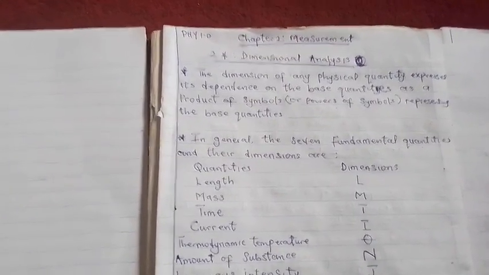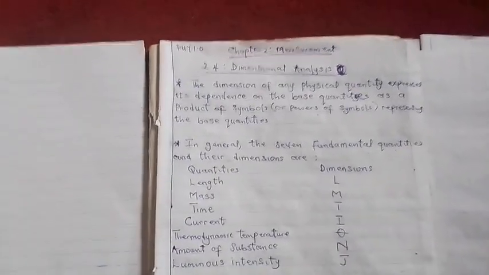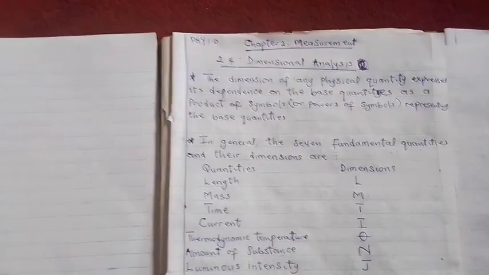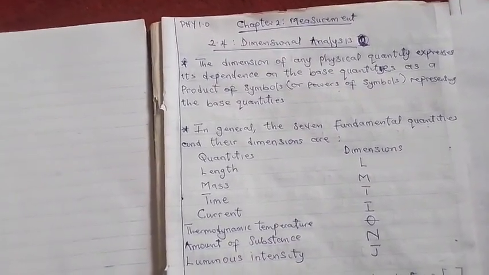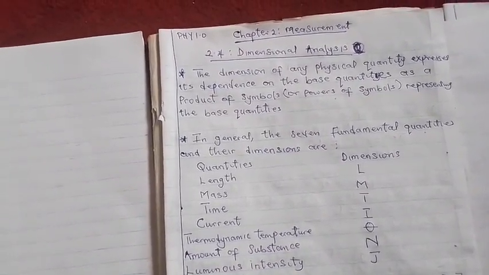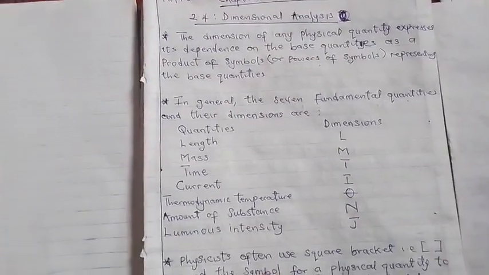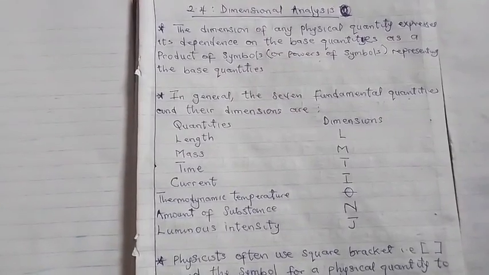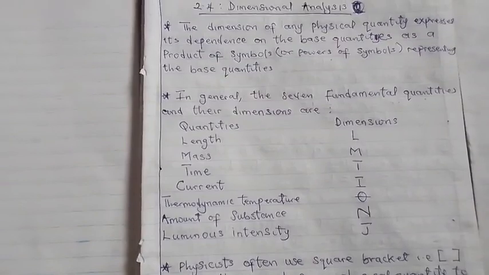So any formula that is not dimensionally consistent is not correct. In general, we are going to look at the 7 fundamental quantities and their dimensions, and we'll see how important this idea of dimension is.